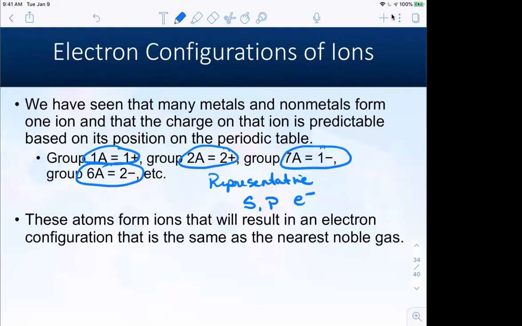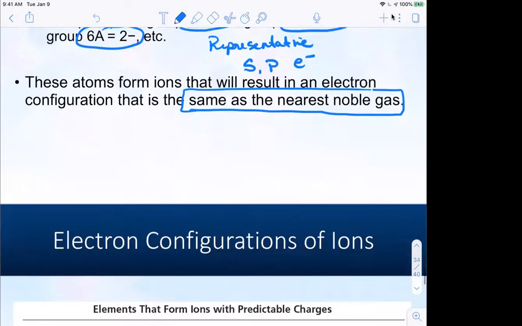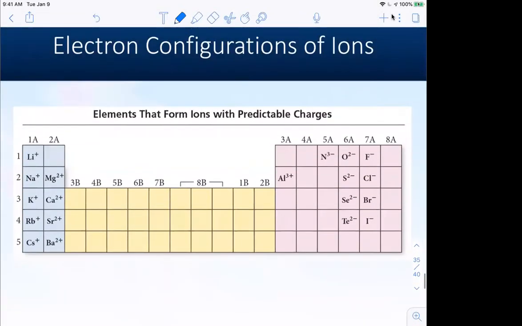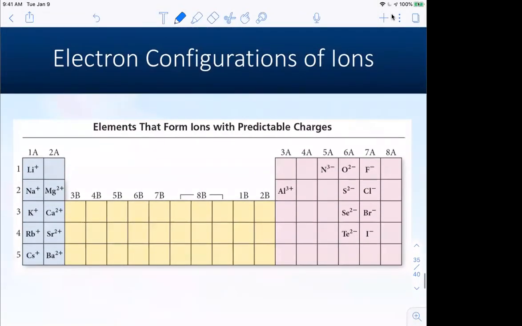So I'm always looking at how to become isoelectronic with the nearest noble gas. I want to be like the noble gas. So when I look on the periodic table, these are elements that'll form ions that have predictable charges. Group 1A always loses 1 electron, becomes +1. This will lose 2 electrons, become +2.